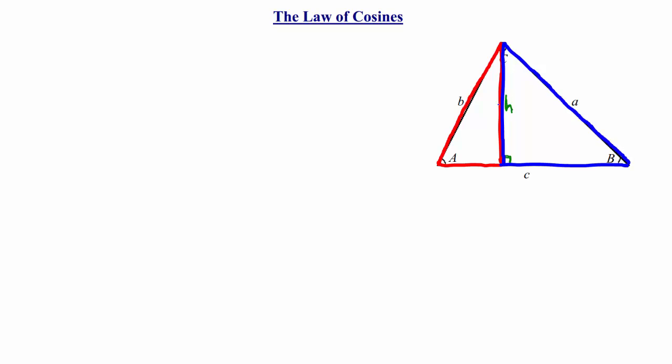Both of these triangles have side H. We're going to use these two right triangles to get the information we need to derive the law of cosines. We'll start on the red triangle on the left.